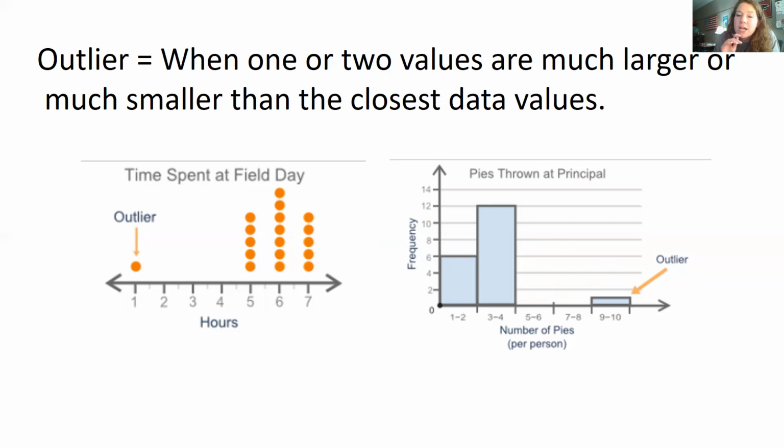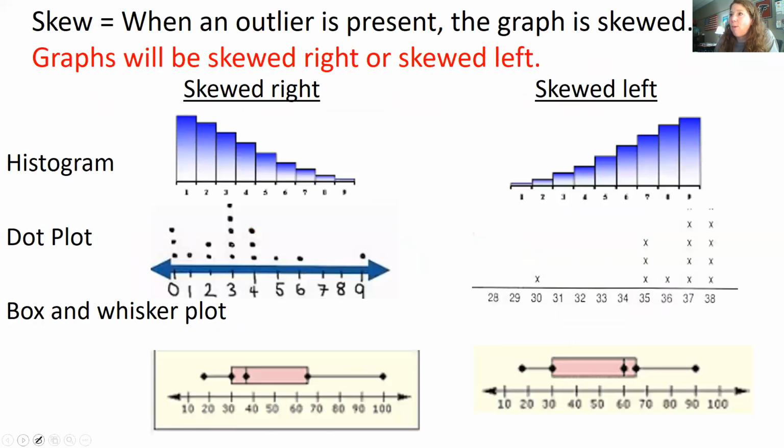So when you're talking about the middle part of your data, if there's an outlier present, you're going to want to use the median. If the outlier is not present, you're going to want to describe the average as the mean.